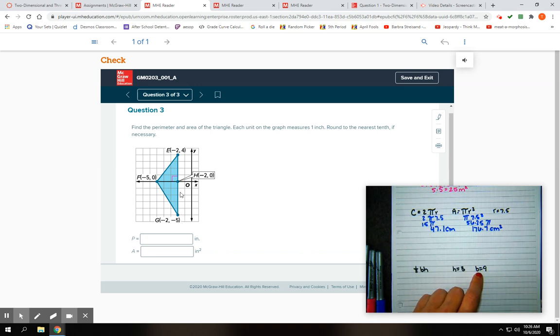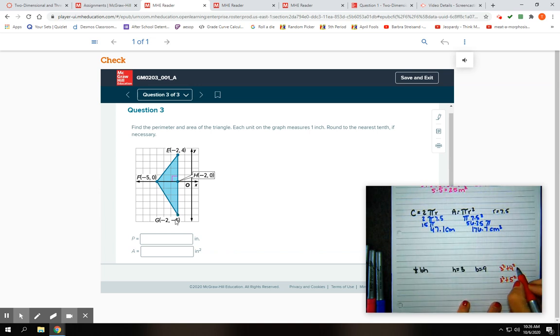And so we can use the distance formula or we can use the Pythagorean theorem since we have 2 right triangles here and here, right? So we can use 3 squared plus 4 squared to get us this length, and then we can use 3 squared and 5 squared to get us this one.